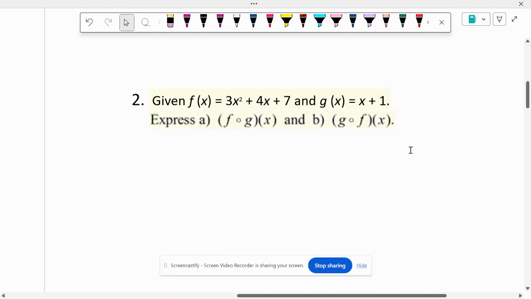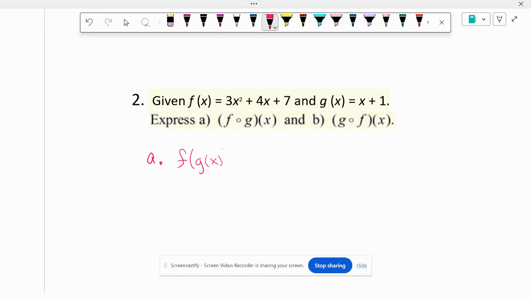Number 2. You're evaluating A, f of g of x, and B is asking you to find g of f of x. So the f of x function is 3x squared plus 4x plus 7, and the g of x function is x plus 1.